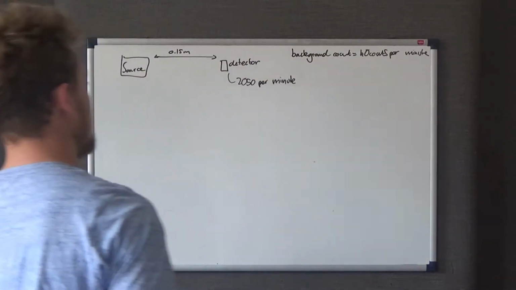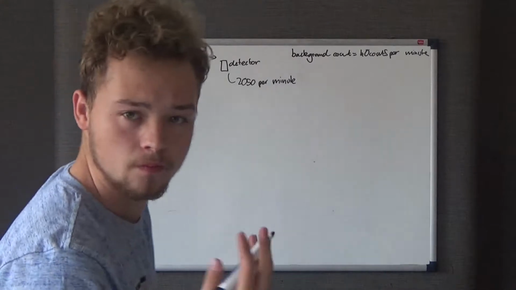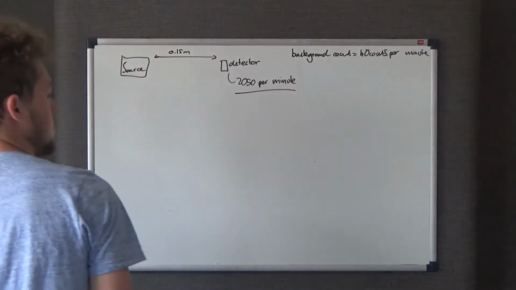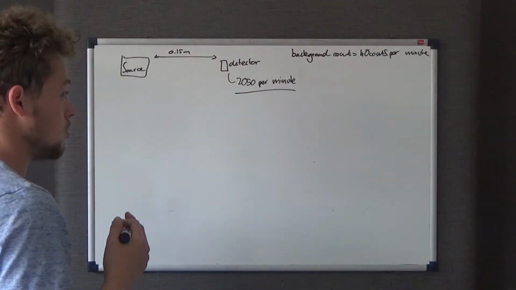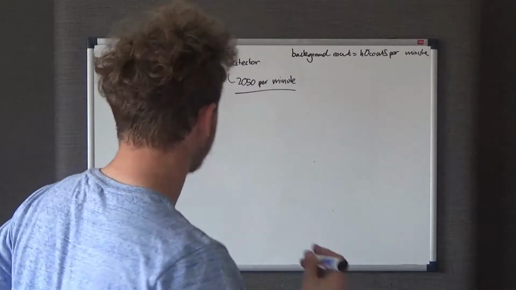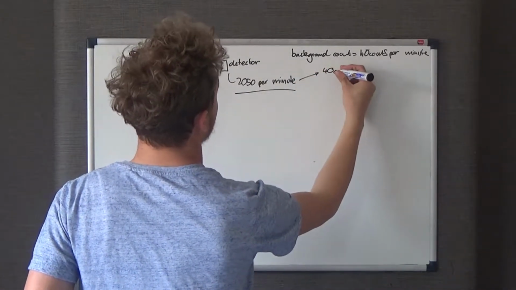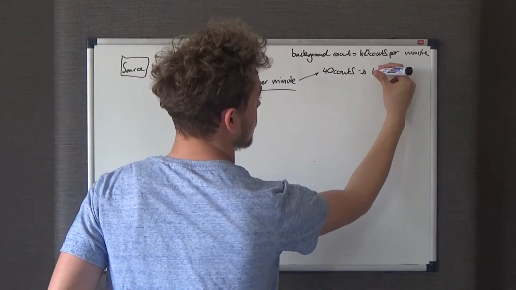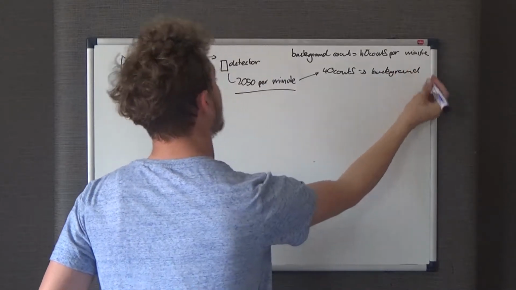Okay, so let's just have a quick think about what's actually being detected by this detector. So the total count is 2050 per minute, but that's not just coming from the source, that's also coming from the background radiation. So 40 counts of that is background radiation, because obviously you're not going to ignore that, that's included in the counting as well.